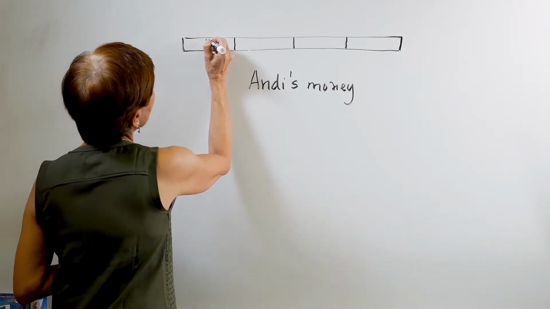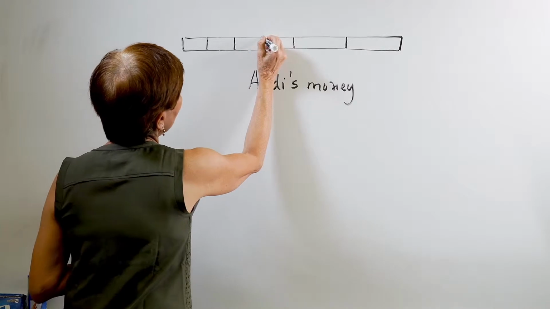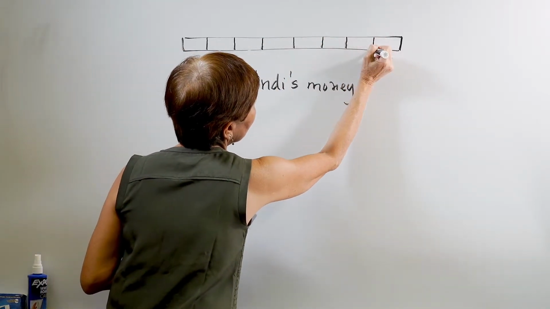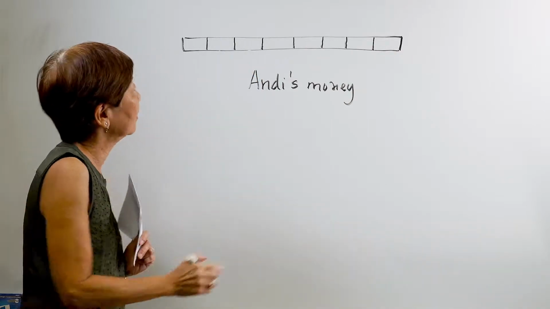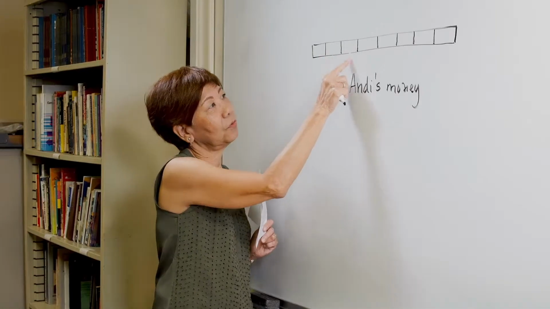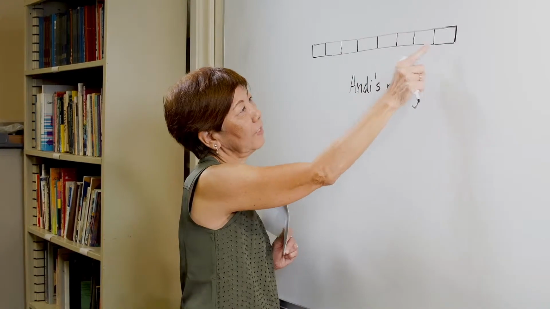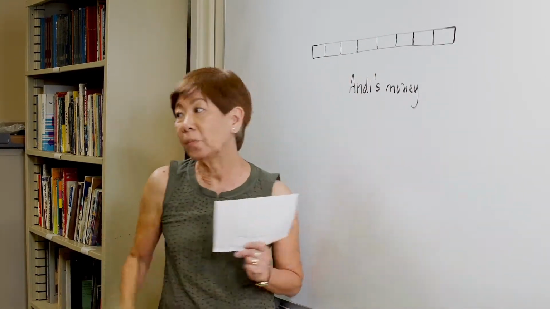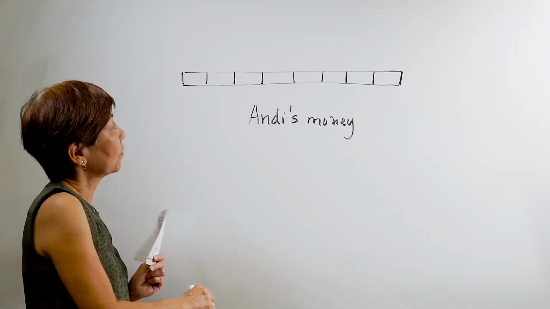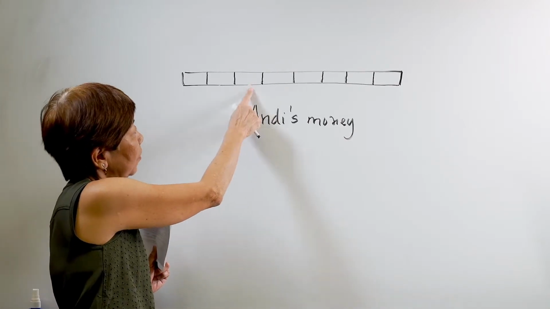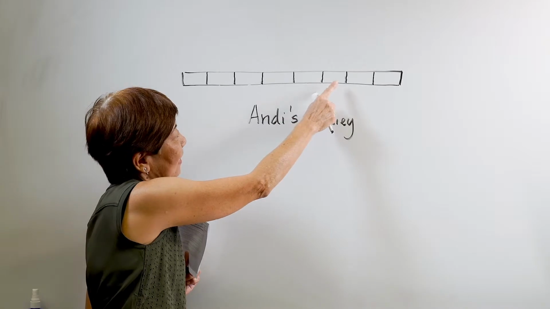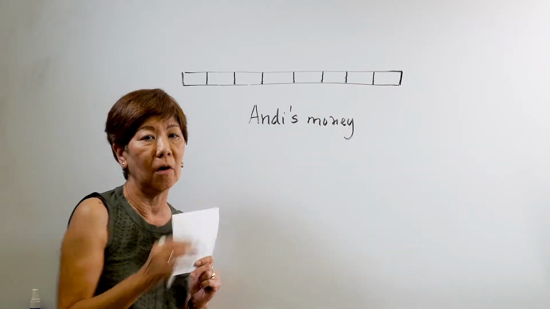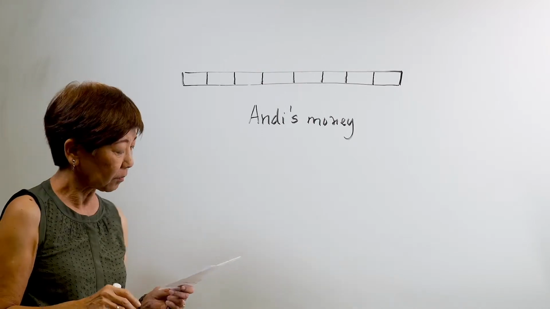And then I know that if I divide each of those 4 equal parts into smaller equal parts, I will have 1, 2, 3, 4, 5, 6, 7, 8 equal parts. So Andy's money is now represented in eighths. So 1/8, 2/8, 3/8, 4/8, 5/8, 6/8, 7/8, and 8/8 for one whole, all of Andy's money.